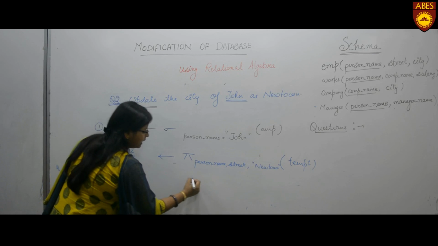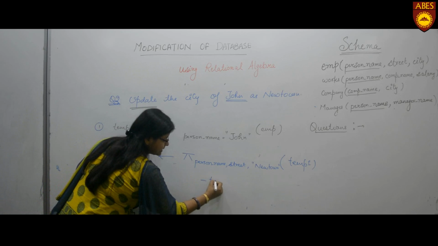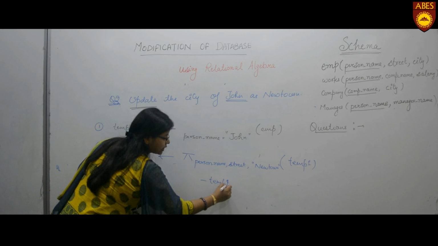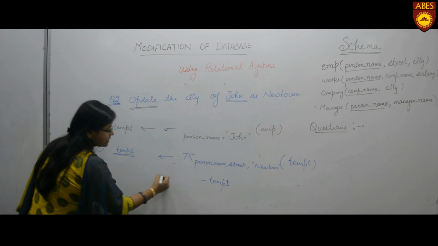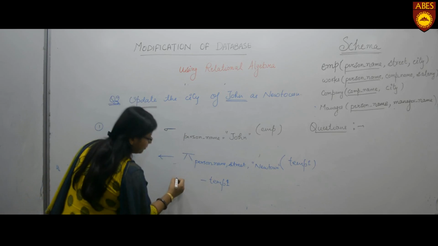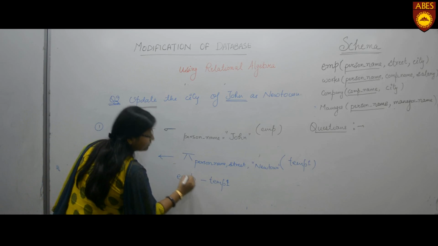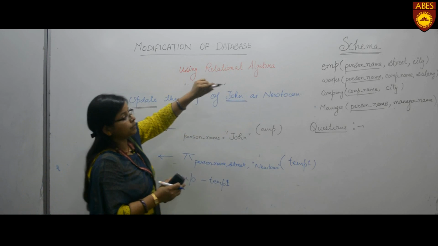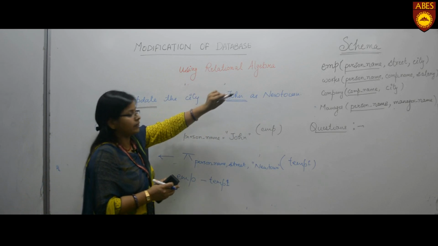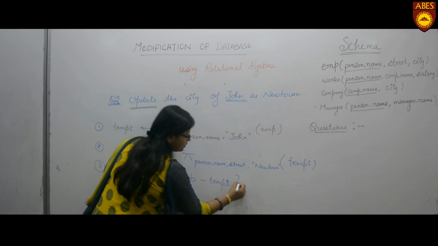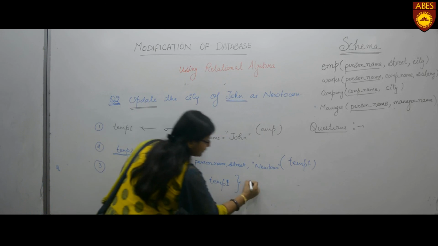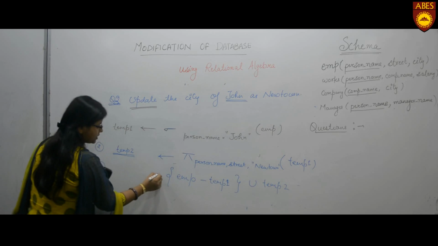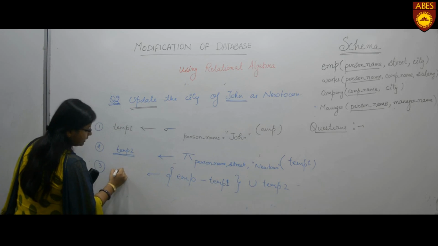So I will delete the old values, EMP minus temp1, from the actual schema, and the actual schema is EMP. So I am deleting the older values, that means John with the older city, and uniting it with the newer values temp2. And this information is stored in EMP.